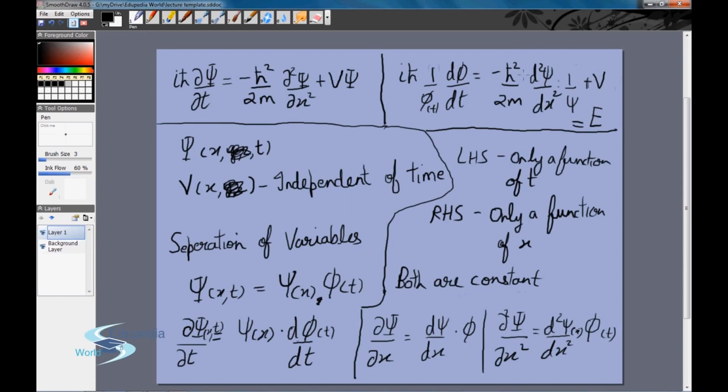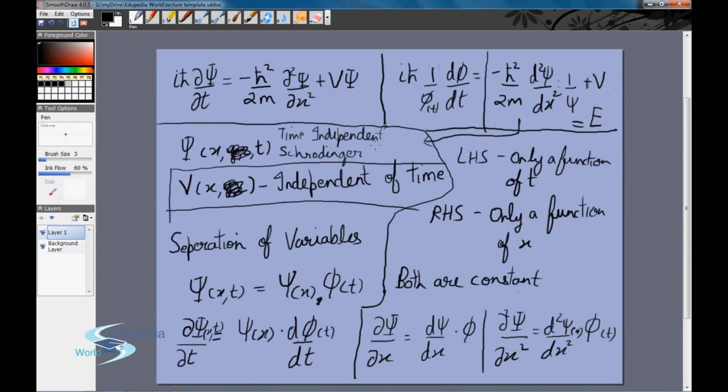The right side equal to E is a completely time-independent equation, and this is what is called the time-independent Schrodinger equation, because we do not have any term involving time here. We only derive a time-independent Schrodinger equation when the potential is independent of time. In that case, this is called the time-independent Schrodinger equation.